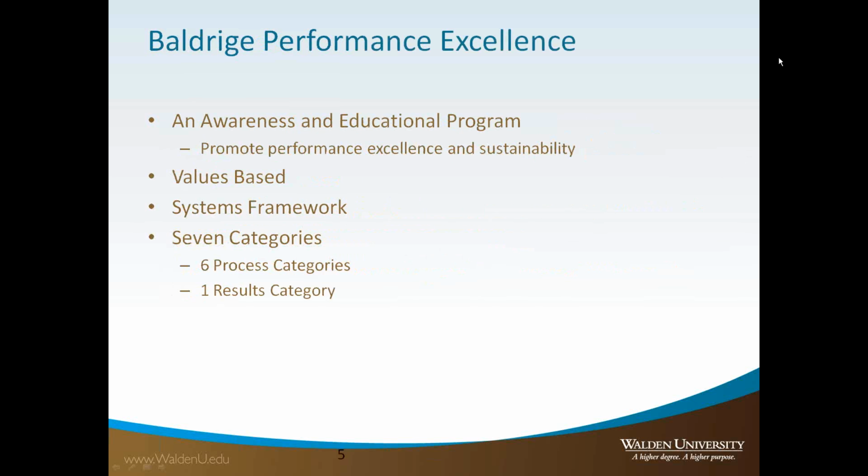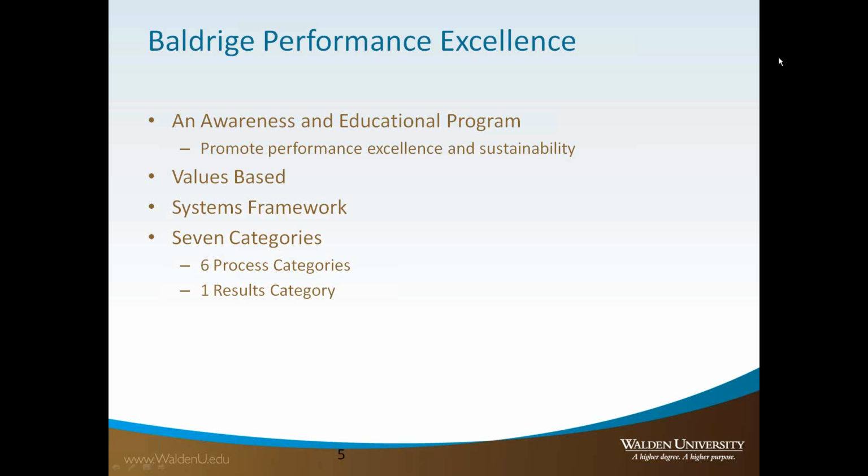Here we go. Briefly, what is the Baldrige Performance Excellence Program? It is an awareness and an educational program that on the national level tries to promote performance excellence and sustainability within organizations. It's values-based, and we'll show you a list of those values soon. It operates out of what we call a systems framework, meaning that everything is linked, everything works together within this assessment of performance excellence model.